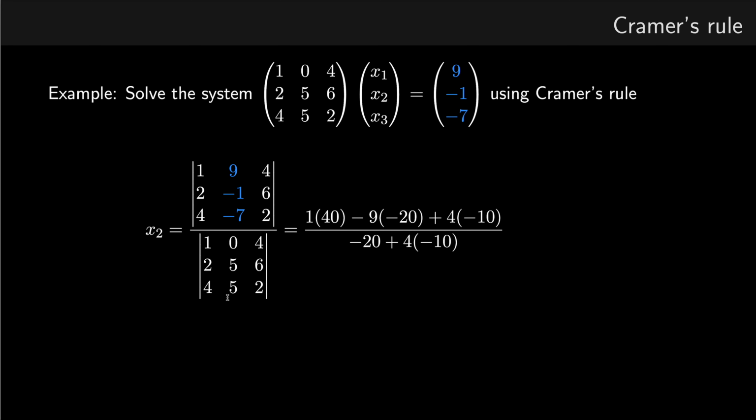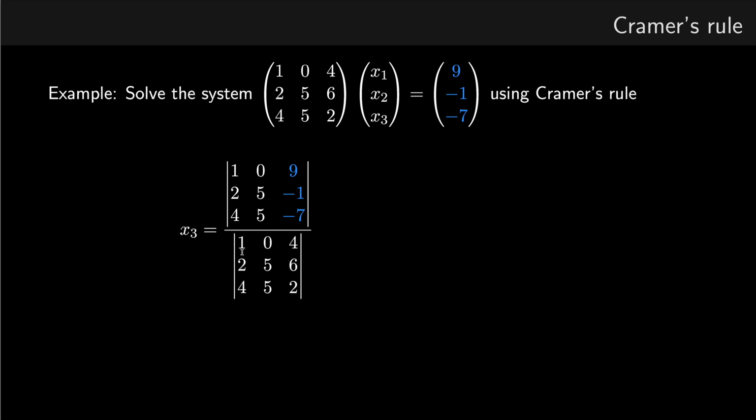The determinant in the denominator is the same for all of our variables, so we don't have to calculate it again because we know it's minus 60. The determinant in the numerator is 180, so 180 divided by minus 60 gives us a solution for x2 of minus 3.